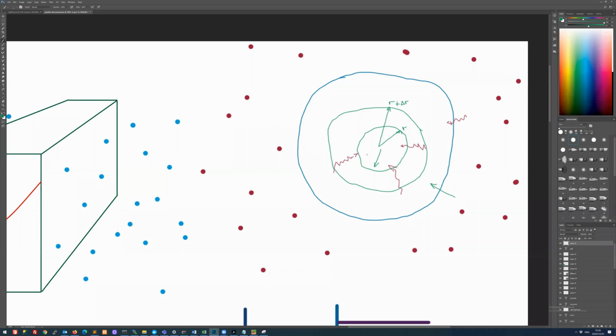So let's see if we can draw this in 3D. So imagine you've got sticking out of the page your one dimension here. So let's say that's r, and then let's imagine an angle here, theta 1. And then let's imagine another angle, theta 2, which is on this plane in this direction.